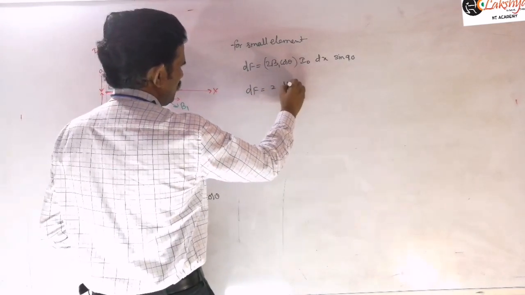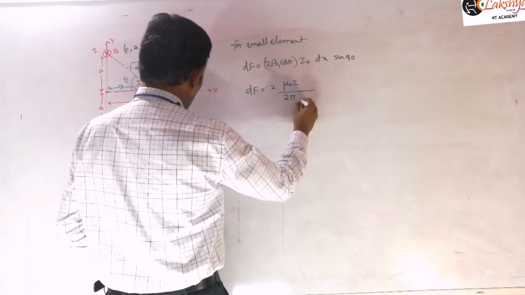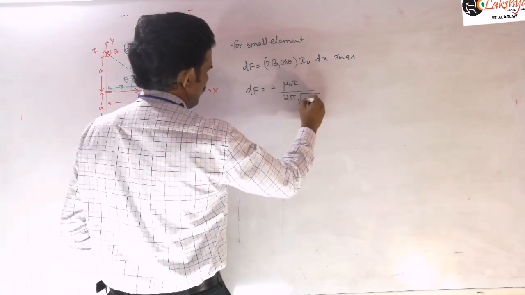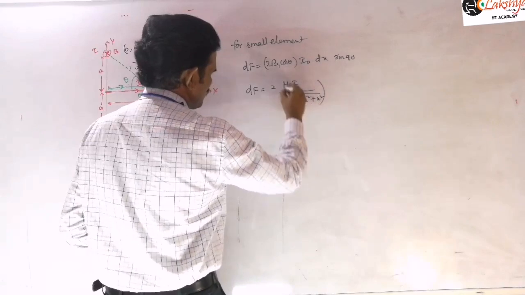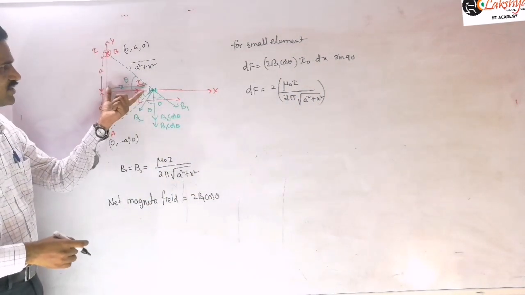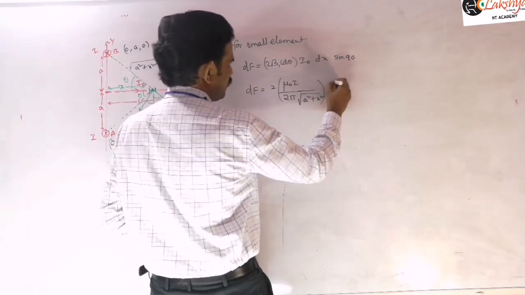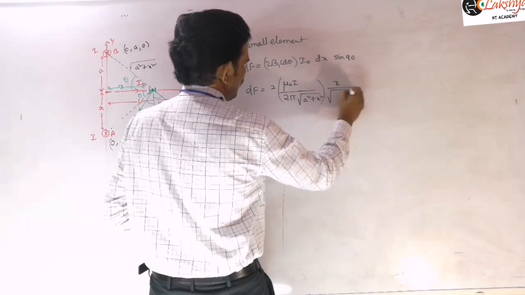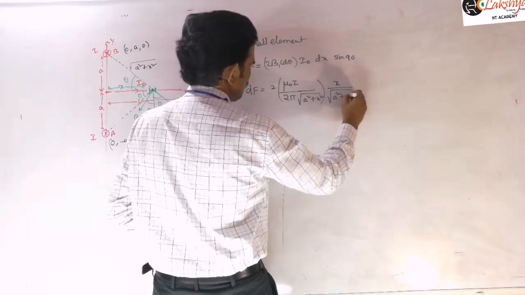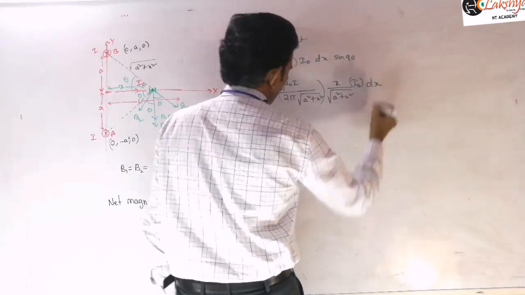So 2 into mu naught I by 2 pi into under root of a square plus x square, this is our B value, into cos theta, we need to write by using this triangle. So this adjacent side is x and this value will be the hypotenuse there. Therefore this is x by under root of a square plus x square into I naught into dx.